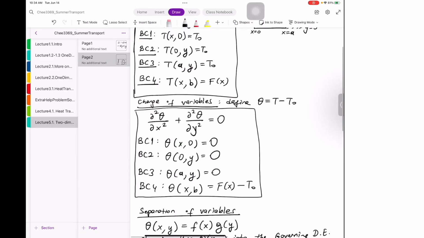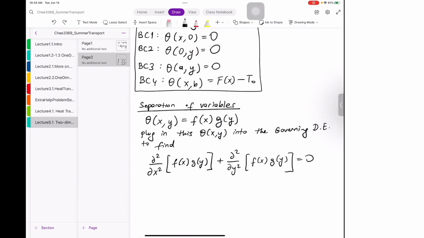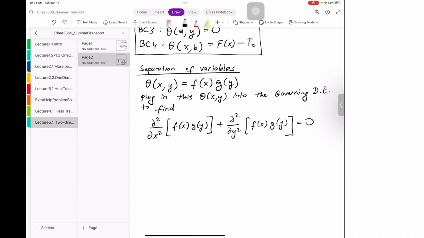I did nothing but write down this equation and plug in the value of theta. So from here, this g of y does not change with x, so it can be taken out of the partial derivative with respect to x. Similarly, f of x is a function of x only, so you can take it out of the double partial derivative with respect to y.